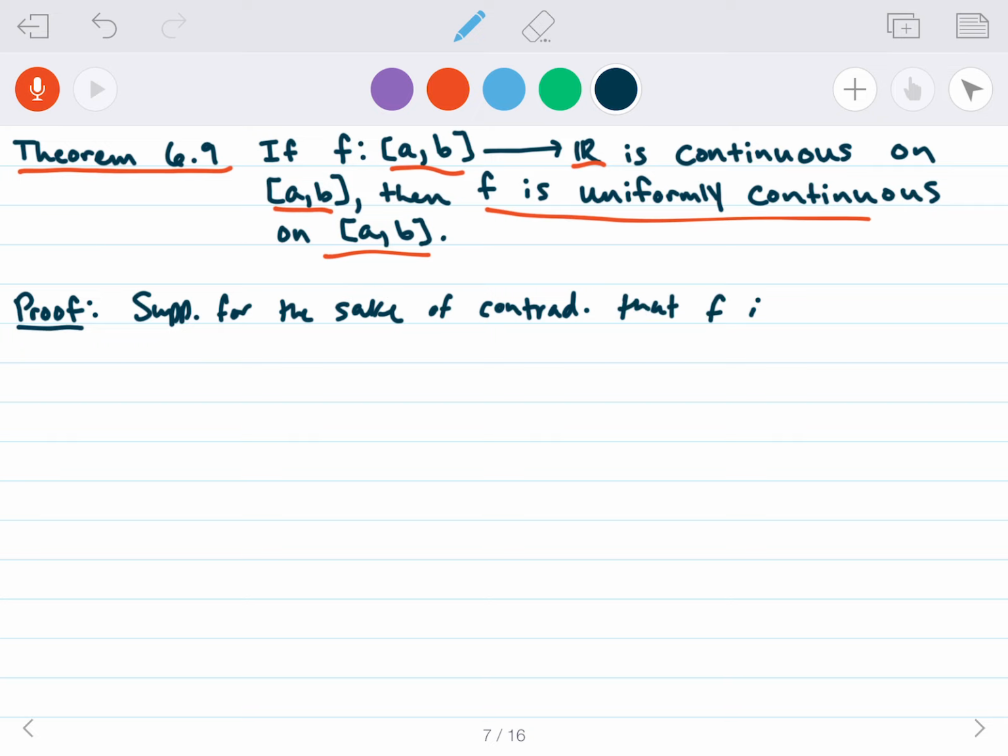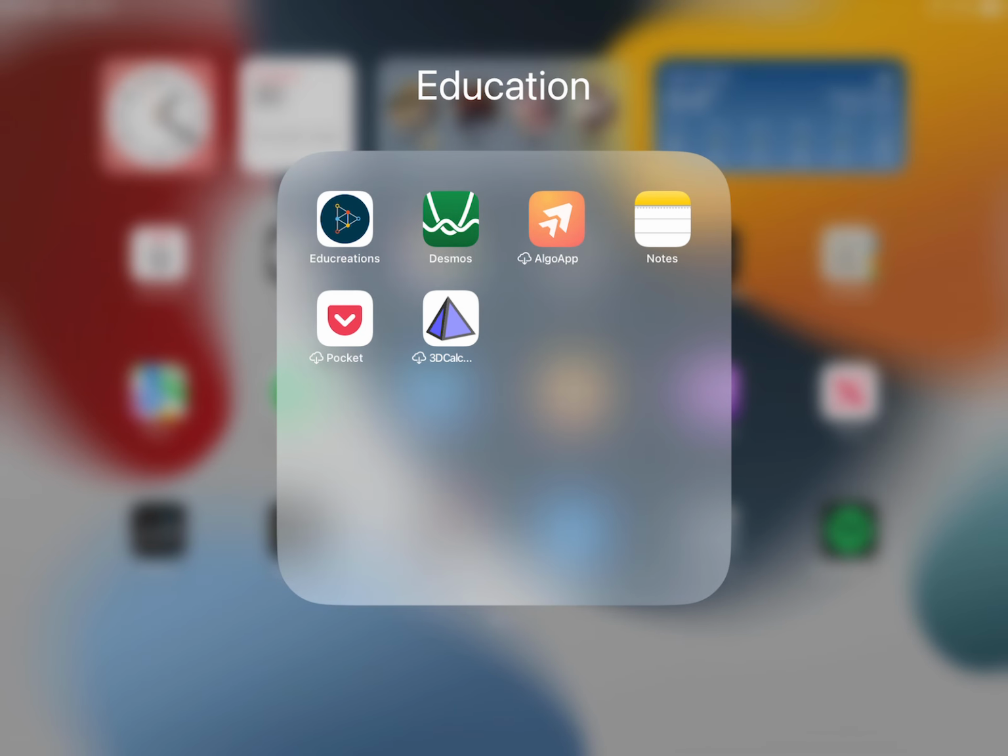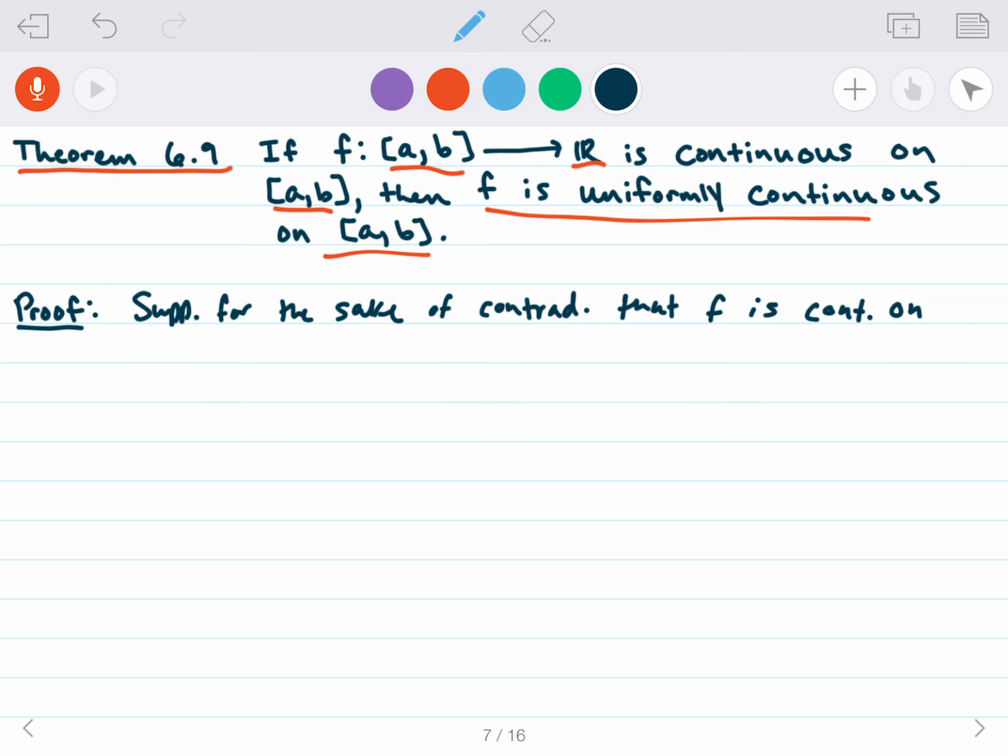That f is continuous on [a, b]. Oops. What happened? Okay, let's make sure I'm still recording. Okay, good. On [a, b], but not uniformly continuous.